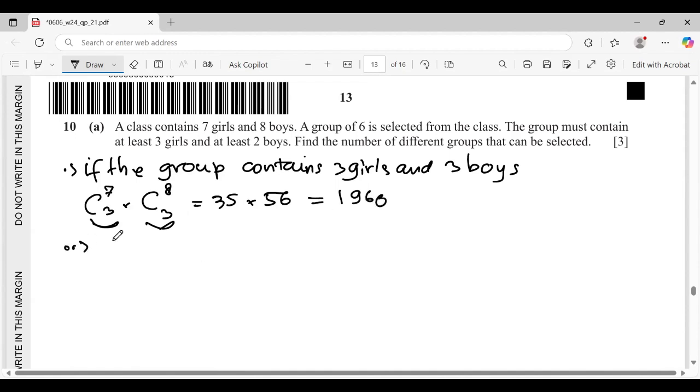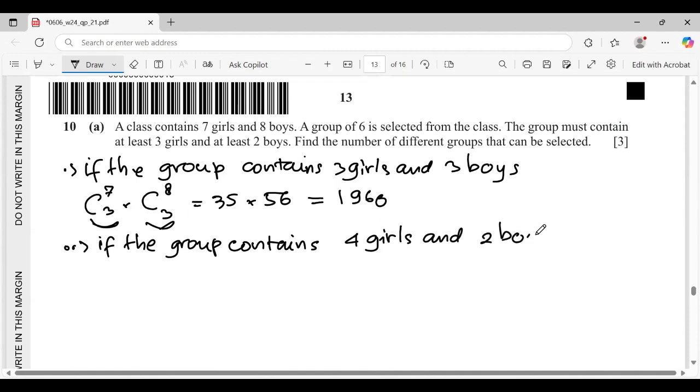The second condition, if the group contains 4 girls and 2 boys, the combination becomes 7C4 times 8C2. This is 35 times 28, and if you calculate, the result is 980.